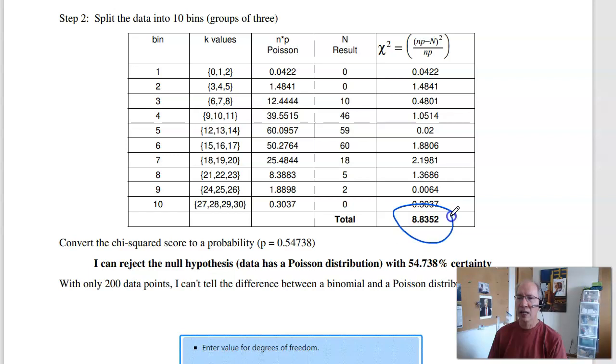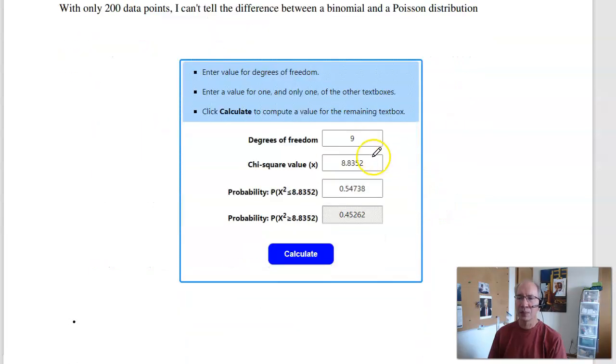Add them all up, I get 8.8. I've got 10 bins, meaning 9 degrees of freedom. Chi-squared value is 8.8, corresponds to 54%. And again, that means no conclusion. I don't have enough evidence to say that this is not a Poisson distribution.